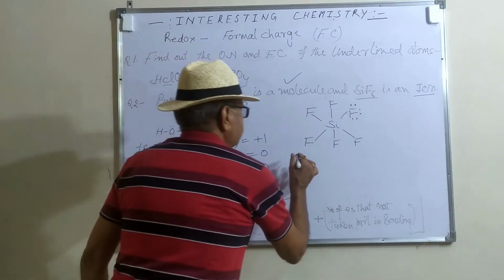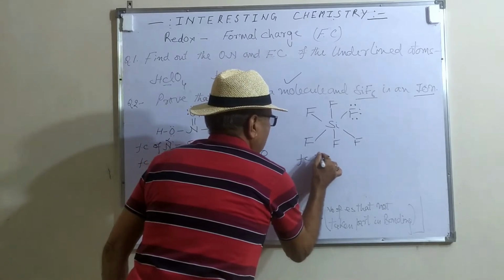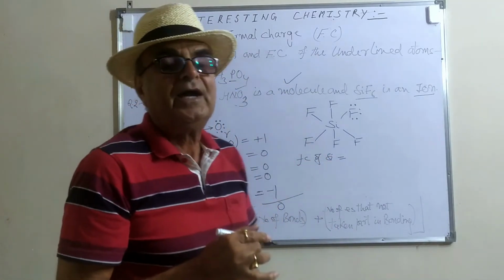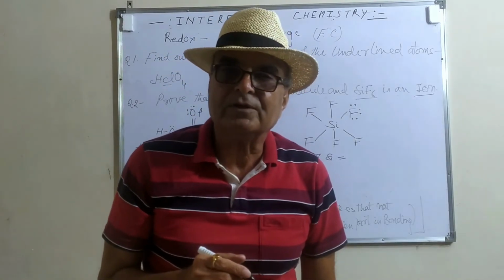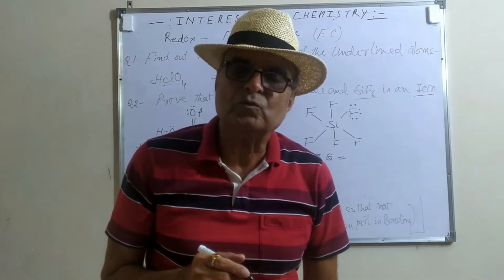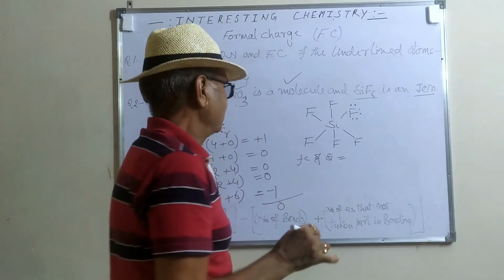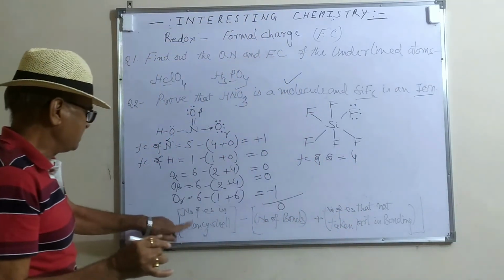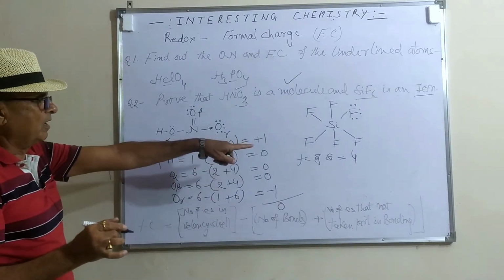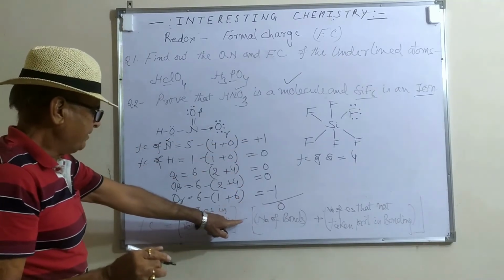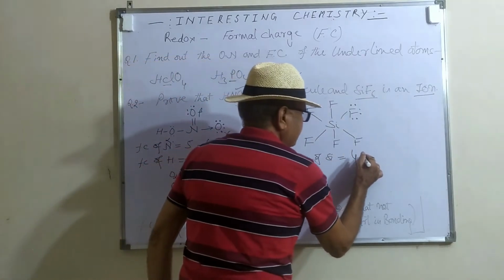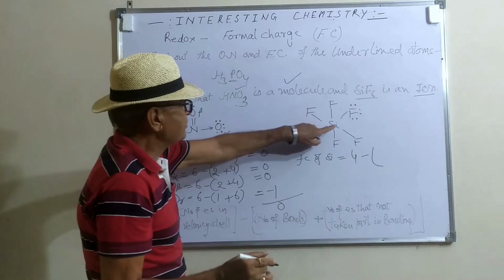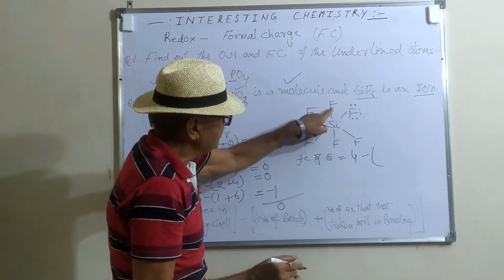count the formal charge of Si, which is equal to the atomic number of silicon 14, so 2, 8 and 4. So here the number of electrons found in the valency shell is 4, minus the number of bonds, there are 6 bonds around silicon.